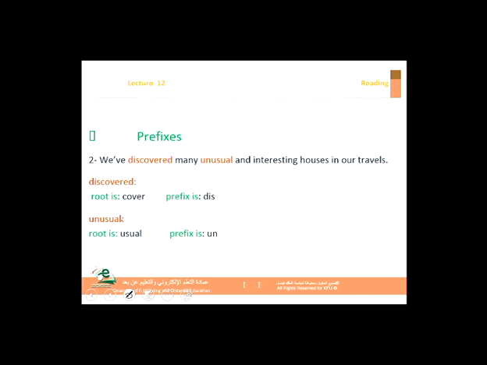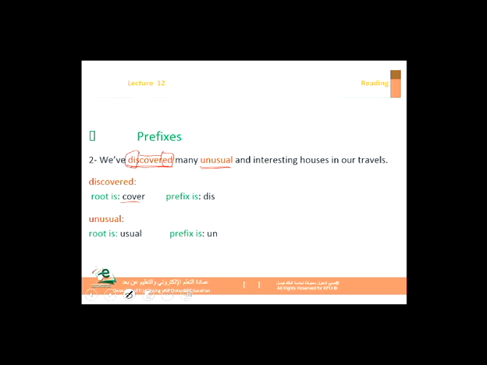Let's look at other examples. Let's read this sentence together. We've discovered many unusual and interesting houses in our travels. Let's focus on discovered and unusual. Discovered, here we have the root cover. We have ed here, which is a morpheme, and we have dis at the very beginning.